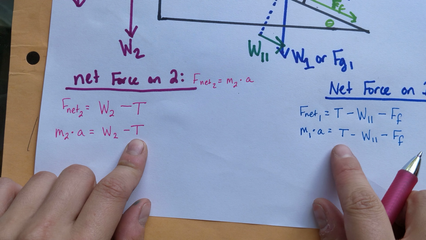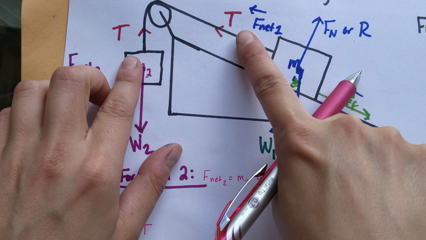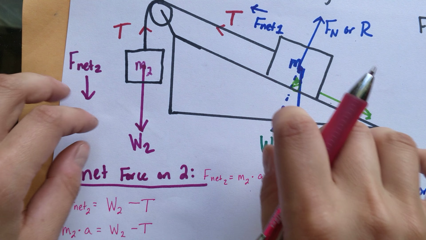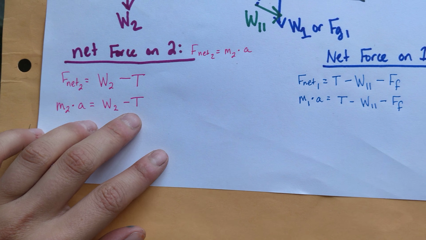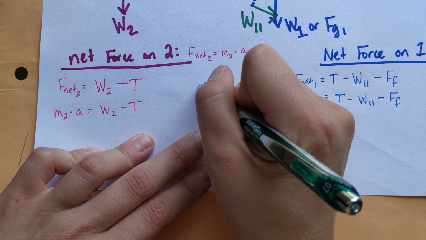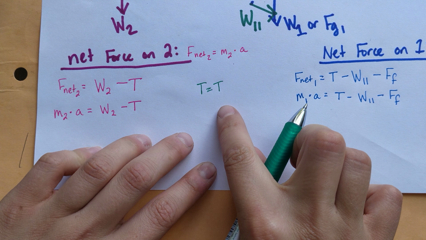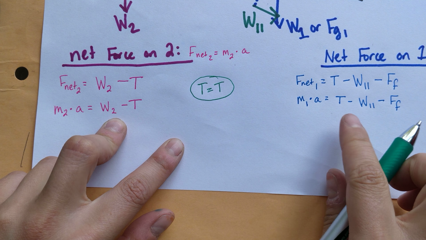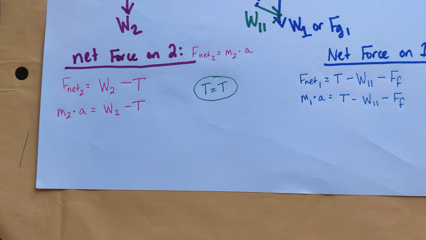Look at this. Tension, tension. Tension equals tension. These two objects are connected. This string experiences the same tautness all along. So I'm going to solve for tension in each equation, and then I will set both of these equations equal to each other because tension equals tension.